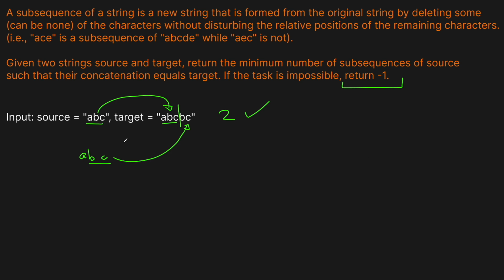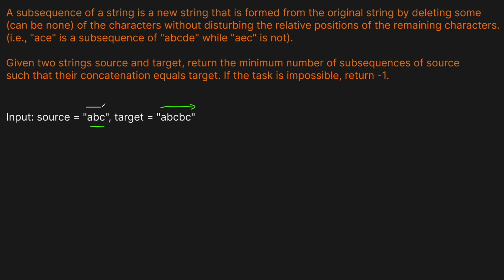The general intuition is that we want to match as many characters as we can from the source into our target. So we'll traverse over our target from left to right, and as we're traversing through, we're going to try to match as many from the source as possible.